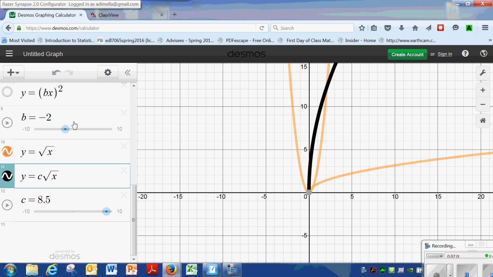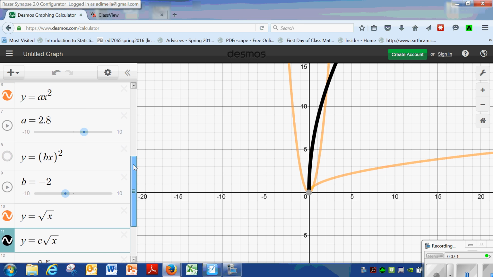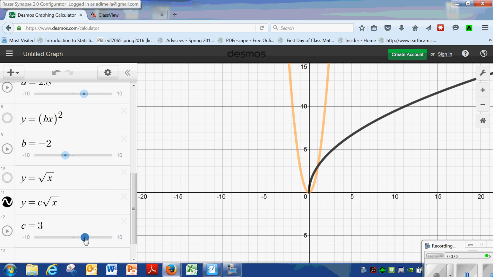Well, before, when I put it on the inside, it was faster, and when it was on the outside, it was slower. That depends on the function. This outside actually keeps my c value being its whole full c value. Let's make it a 4.